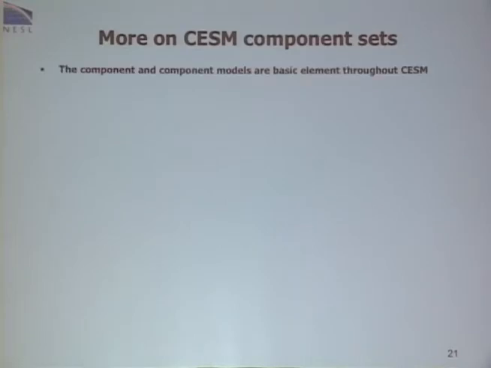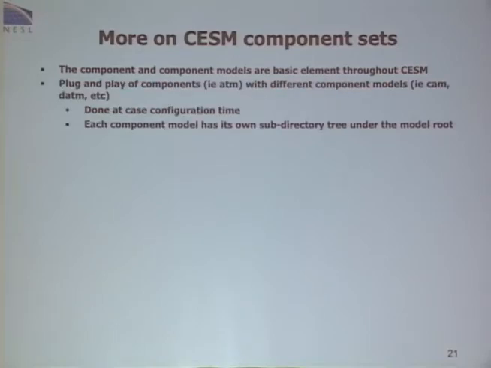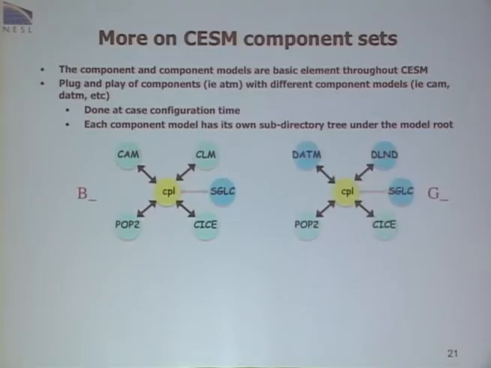So I want to talk a little bit more about what I mean by component sets. The idea is that you have a hub and spoke model where you have a coupler that is allowing interfacing between the different components. And then you have different specific science components for the atmosphere, the land, the ocean, the sea ice. So if you see a B comp set, all of those science models are turned on.